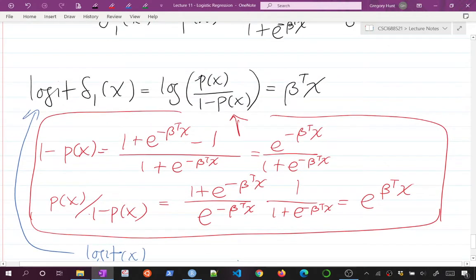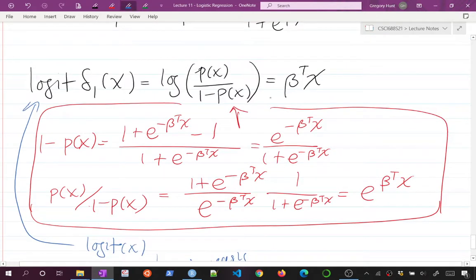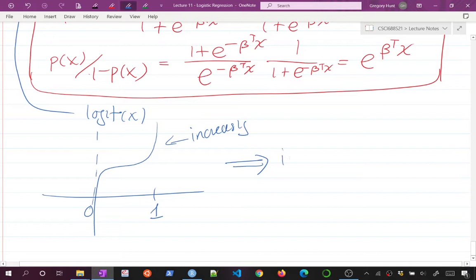It means I have an increasing transformation of my discriminant function that gives me a linear function.